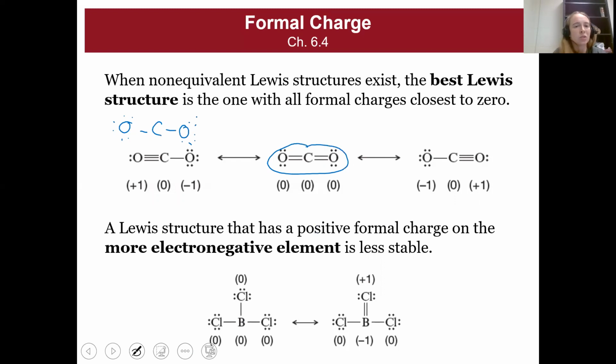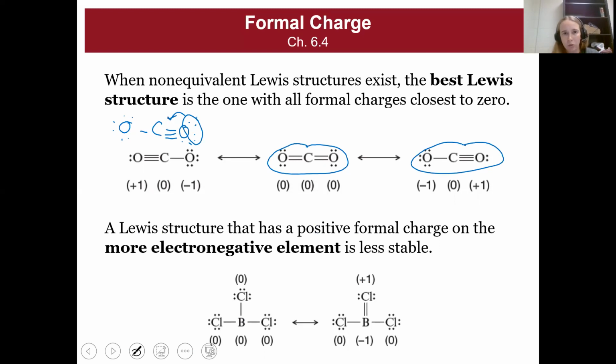But what if we just took 2 lone pairs from one of the oxygens and made a triple bond? That achieved the same thing, right? So now we have a triple bond between carbon and one of the oxygens, and a single bond between carbon and the other oxygen. So carbon still has 8 electrons around it. It's still got a full octet. Our oxygens both have full octets as well.